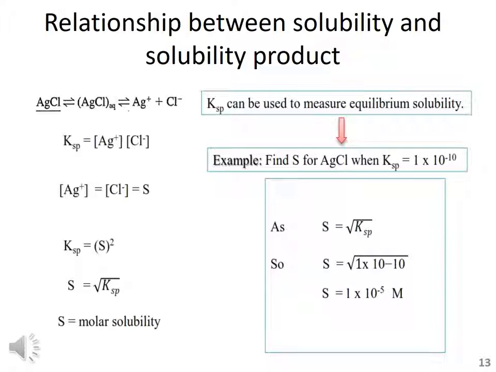The first type is saturated, when the solute is dissolved in the maximum amount in the solvent, and the second type is unsaturated, when the solution has more space to dissolve a further amount of the solute. And then the third type is a supersaturated solution.